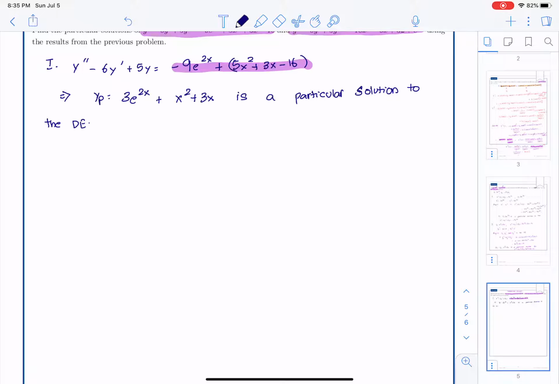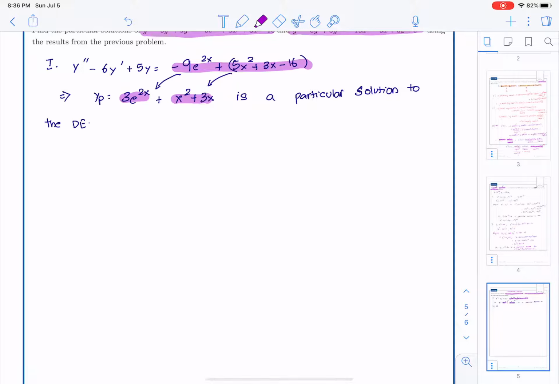Why? I'm simply adding the right-hand sides, so the non-homogeneous equation with that right-hand side has a solution 3 e raised to x. The non-homogeneous equation with that right-hand side has a particular solution from the previous problem. So the particular solution is simply the linear combination of those two. Great. I am pretty confident about this, but it's good to verify.